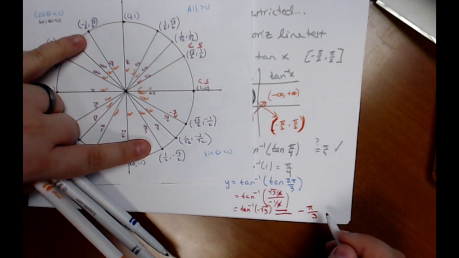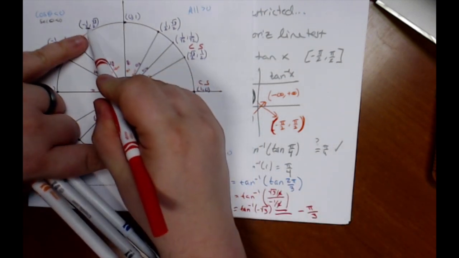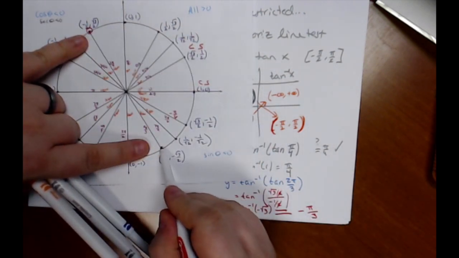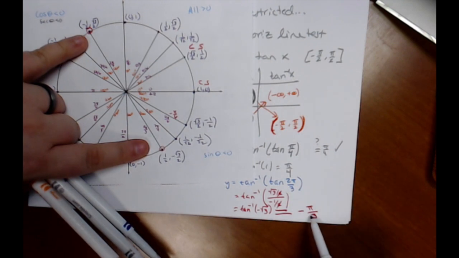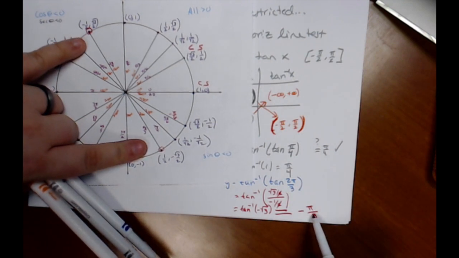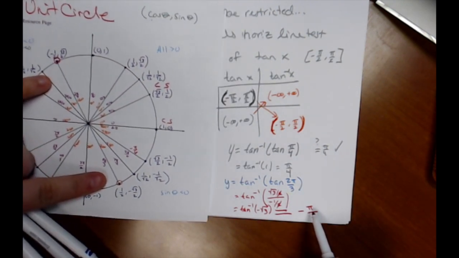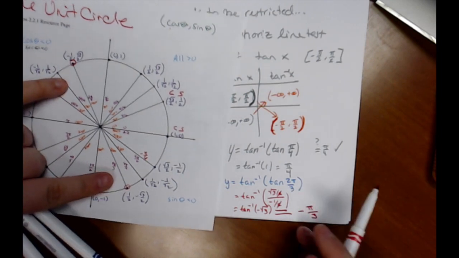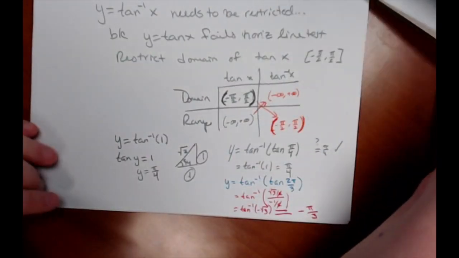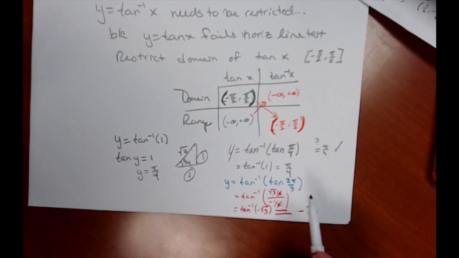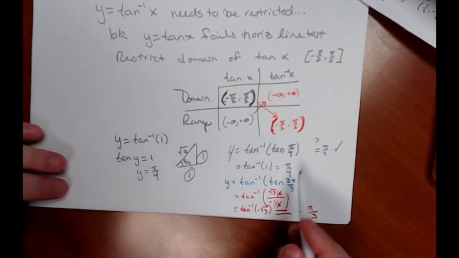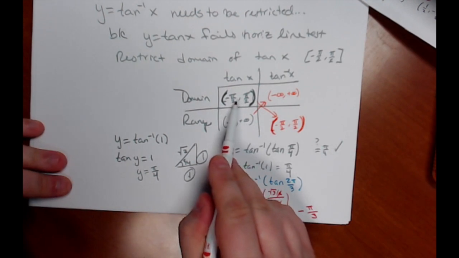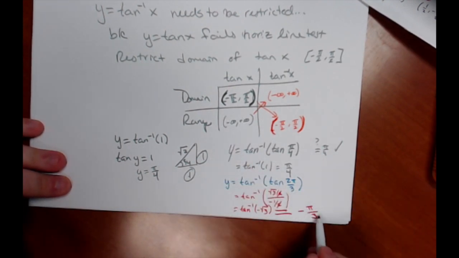So notice our tangent here and our tangent here are the same. And we need to be mindful of where this angle falls. So if our angle 2 pi over 3 is outside the domain, which it was, it will give us a different value on the inside.